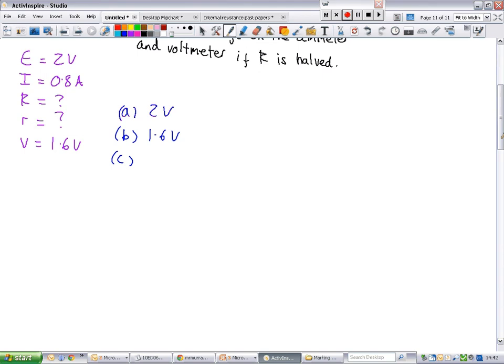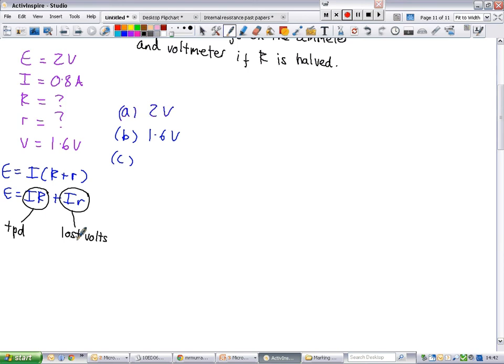The easiest way to do this is to split it into the 2 parts of your big internal resistance equation, which remember is either this or this. This here, remember, that's your terminal potential difference, V equals IR, and this here lets you calculate what your lost volts is.